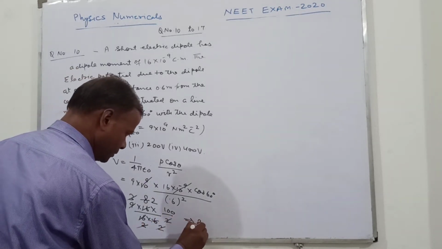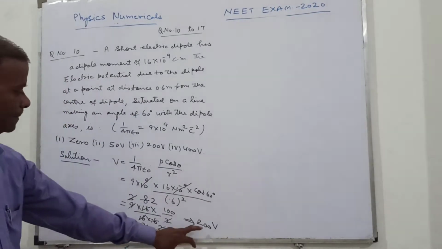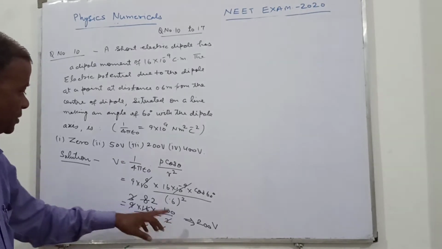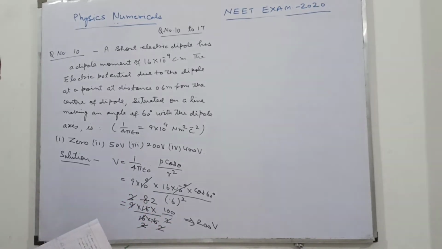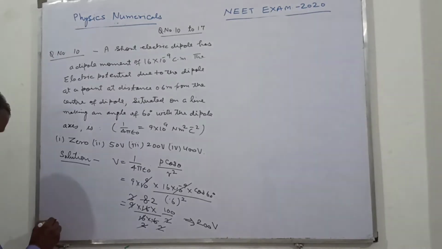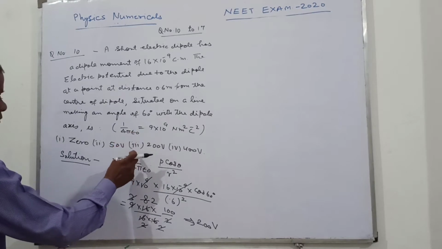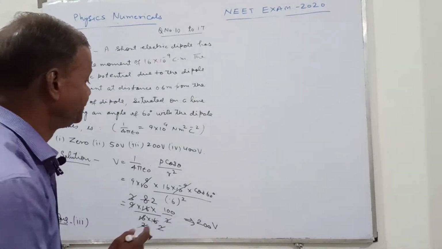So this will be 200 volt. The electric potential because of the dipole at the angle theta is 200 volts. So the right answer is the third. Just apply the formula and find the answer.